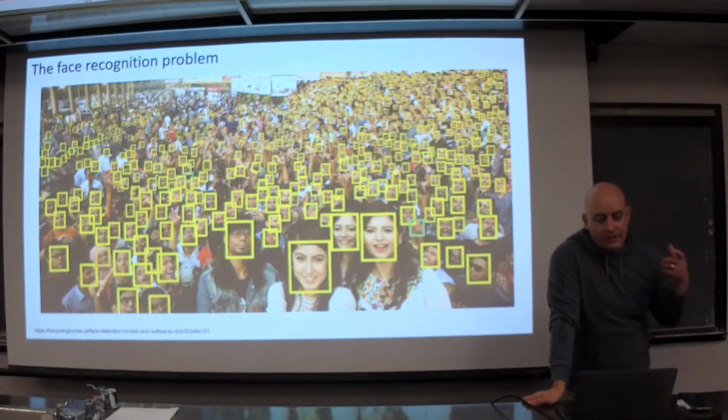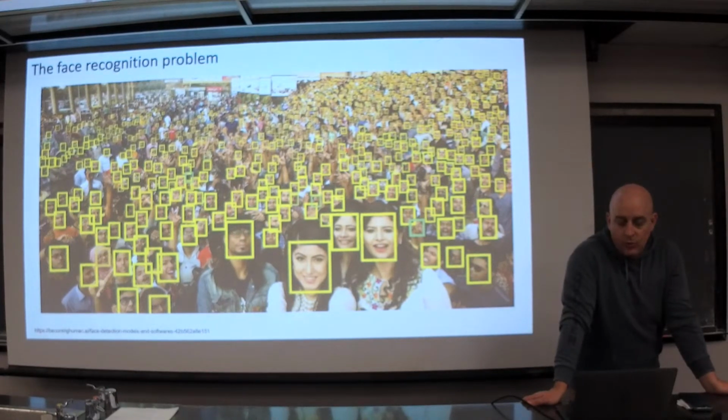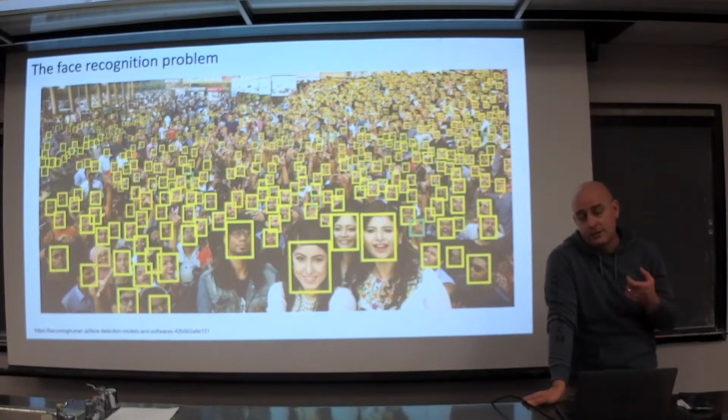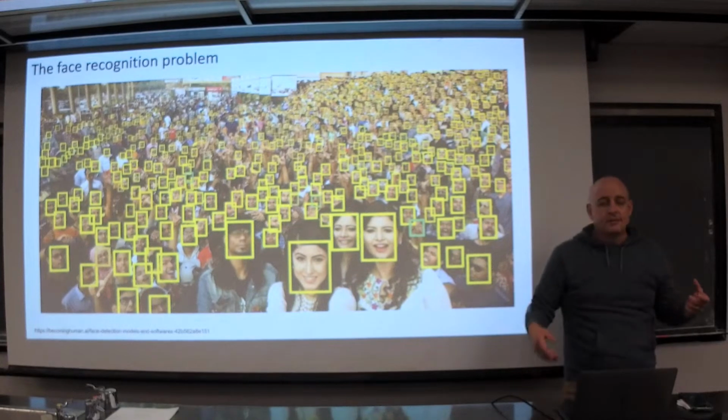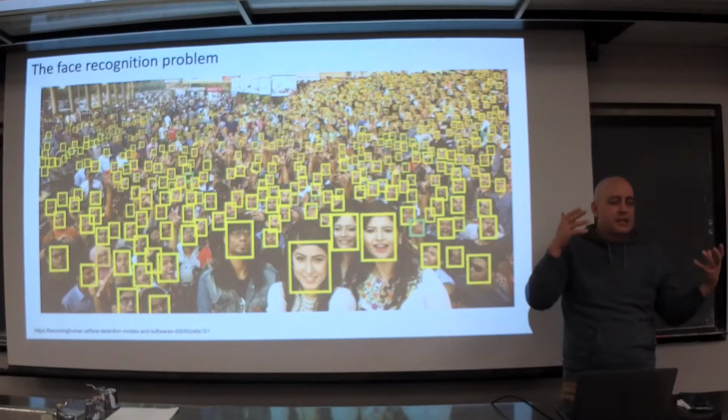We use facial recognition to motivate this, but in general, this applies anytime you have a very large number of classes, especially if those classes are open. With facial recognition, we don't expect to have seen every single face.